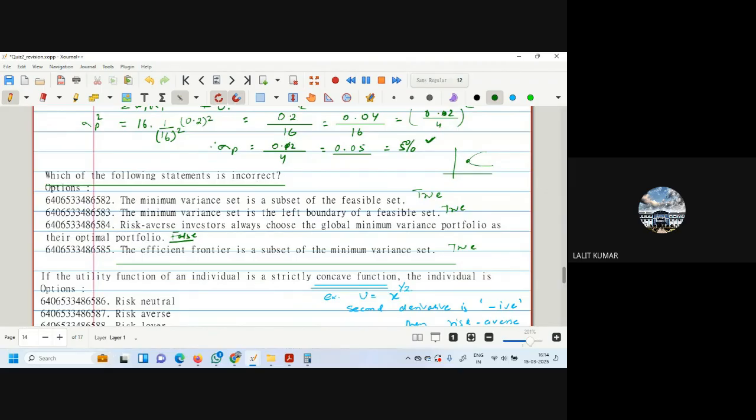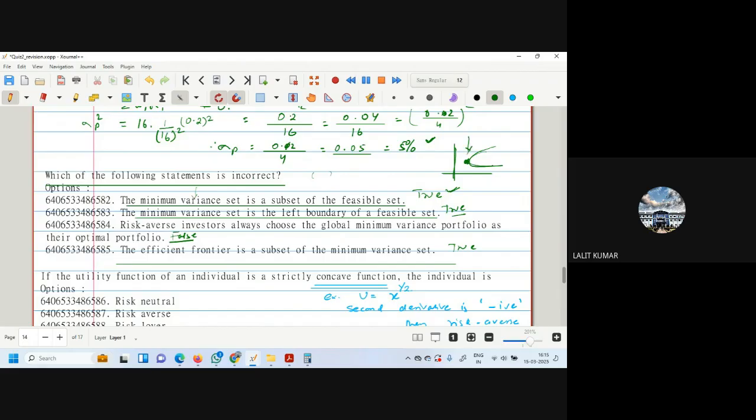Okay, which of the following statements is incorrect? The minimum variance set is a subset of the feasible set. This is true. The minimum variance set is the left boundary of a feasible set. This is also true, because this was covered in the lecture, it is the left side of the GMV which you get.